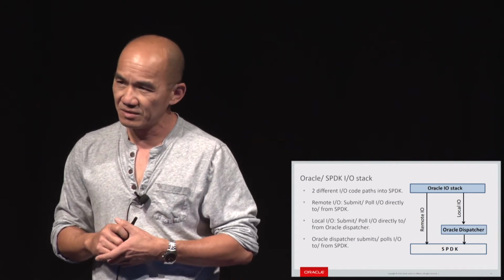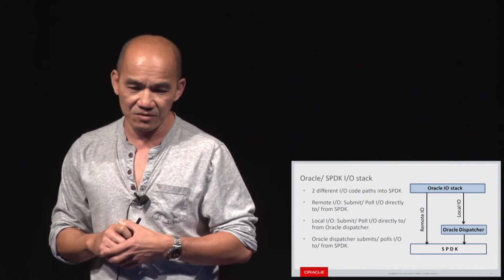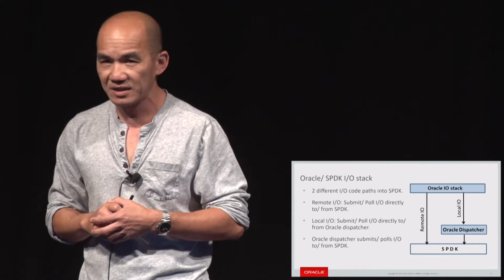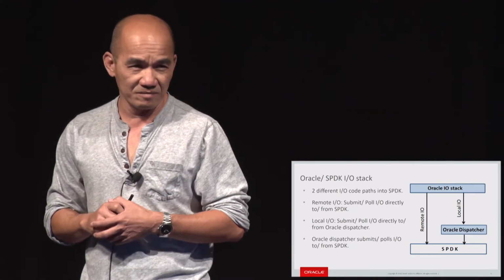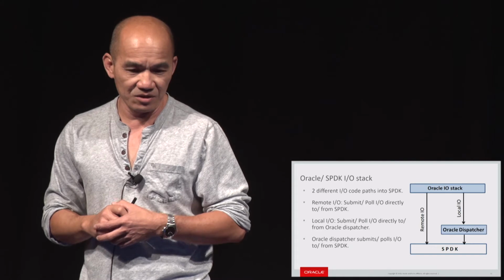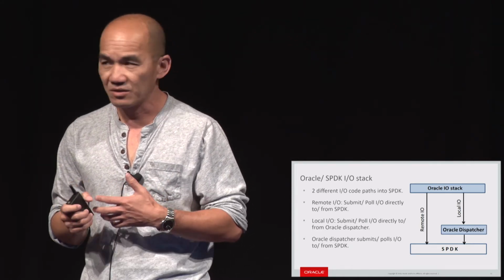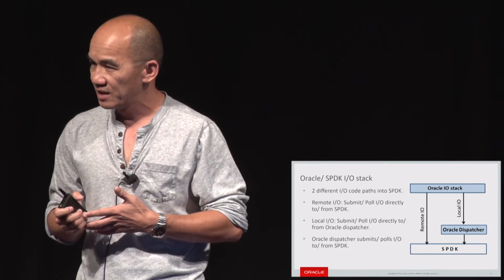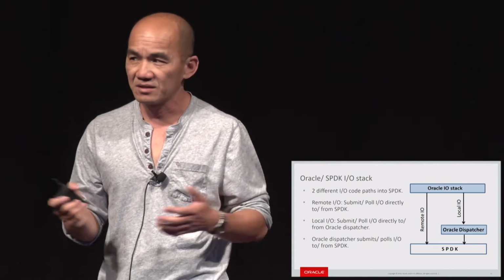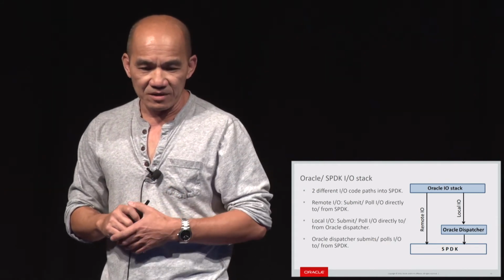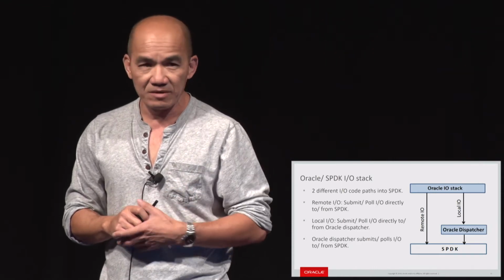If it's a remote I/O, we deal directly with SPDK. If it's a local I/O, we go through the dispatcher, which allocates all the physical IOQs, and they are shared across the clients. Obviously, we solved that problem.